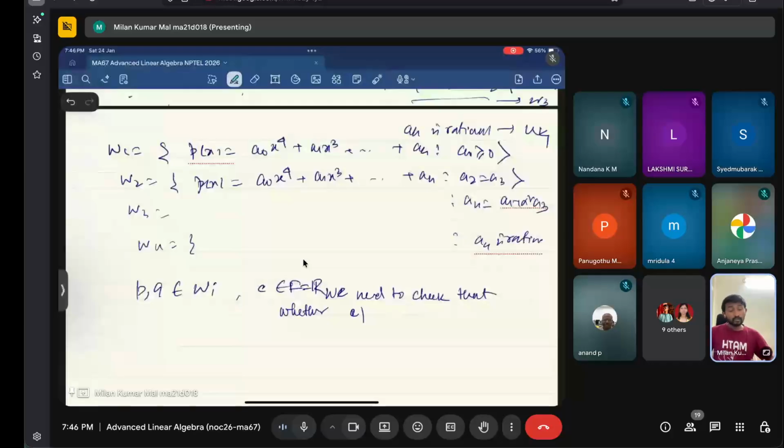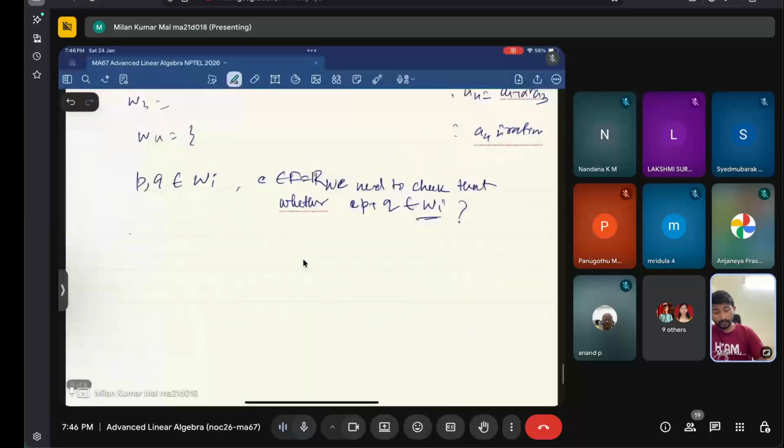Okay. So now if you take the collection of all degree-4 polynomials for which this A naught is greater than or equal to 0, whether that is a subspace or not, the answer is no. Why? Because, I'm checking W1, take P equal to A naught x to the power 4 plus A1 x cube plus A2 x square plus A3 x plus A4.